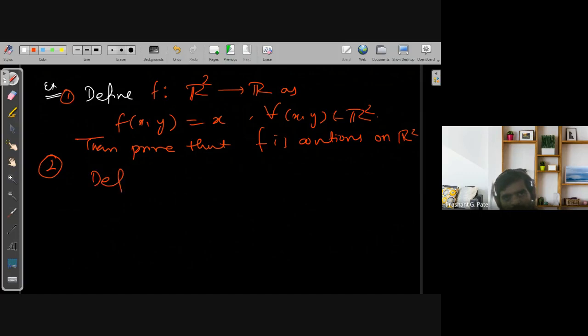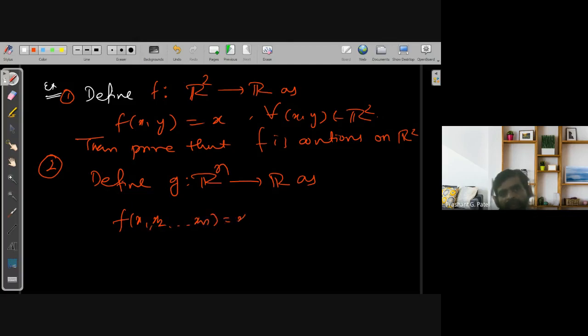That means define a function f_i from R^n to R as f_i(x1, x2, up to xn) equals x_i, where i is running from 1 up to n.